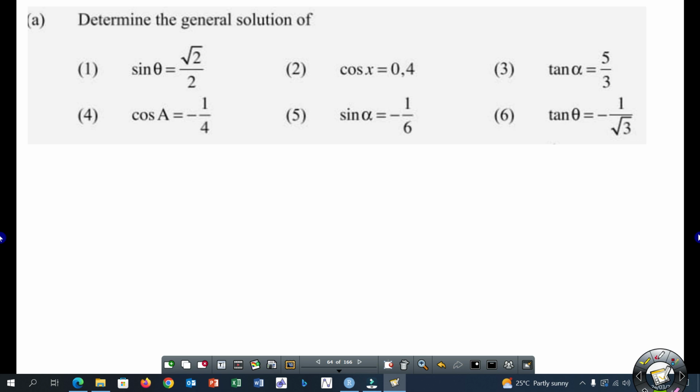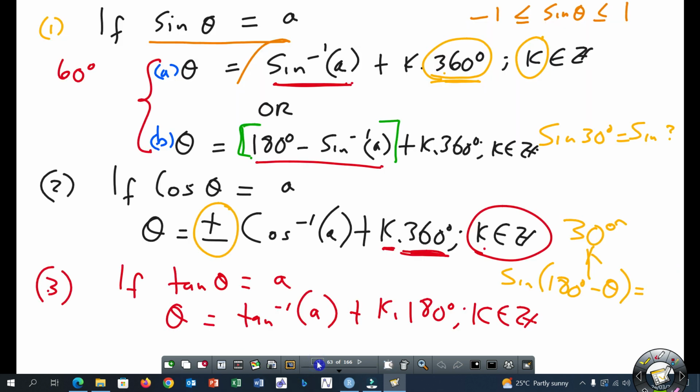Just to do a quick recap. Yesterday I introduced the 5 formulae which are called the general solution of trigonometric equations. There are 5, not 4.